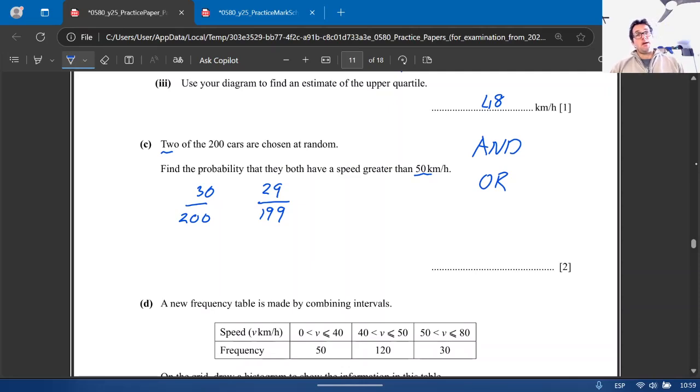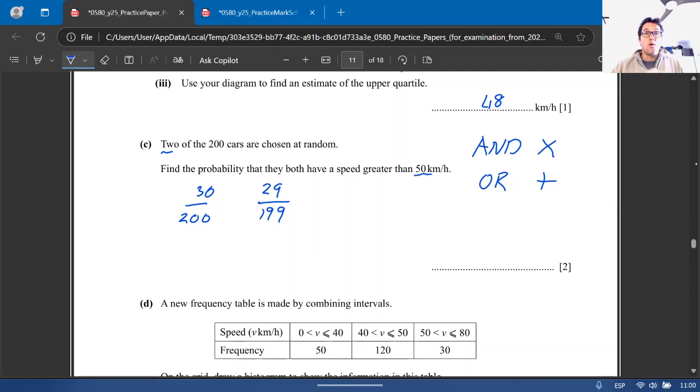If you roll a dice and you ask what's the probability of throwing a 2 or a 3, you're going to add those probabilities together. This happening or that happening. But if 2 things have to happen, the one after the other, not the one or the other, the one and the other, then we multiply.